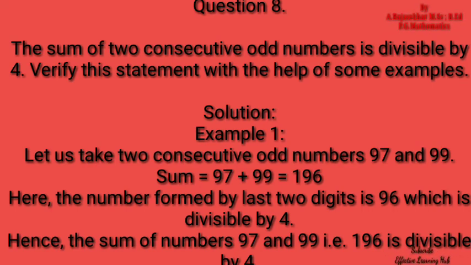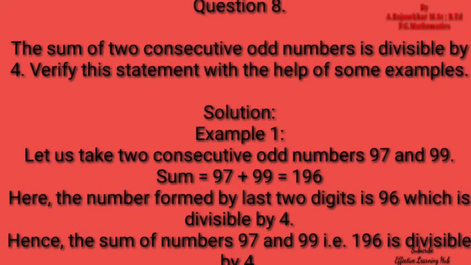Next question: the sum of two consecutive odd numbers is divisible by 4. Verify this statement with the help of some examples. First example, let's take two consecutive odd numbers 97 and 99. Sum means 97 plus 99 equals 196.